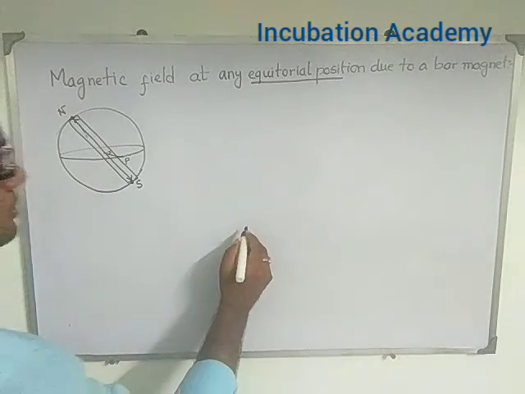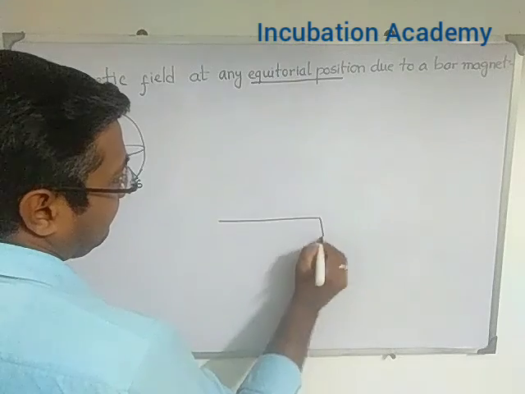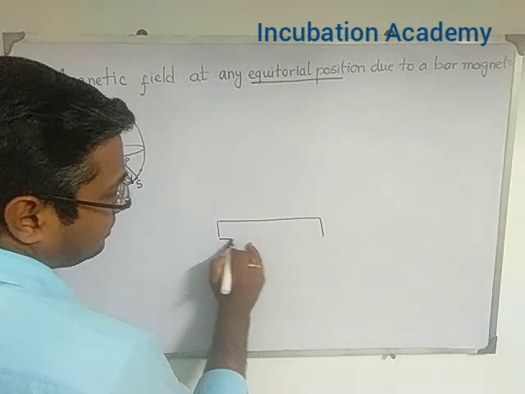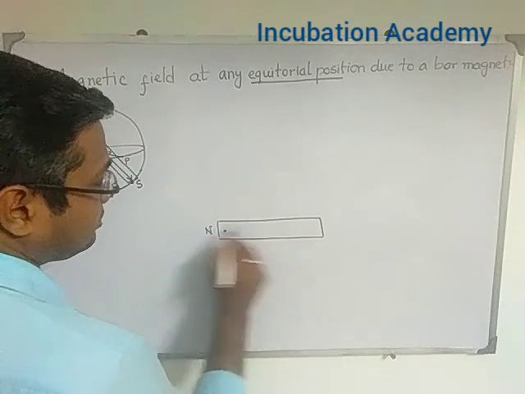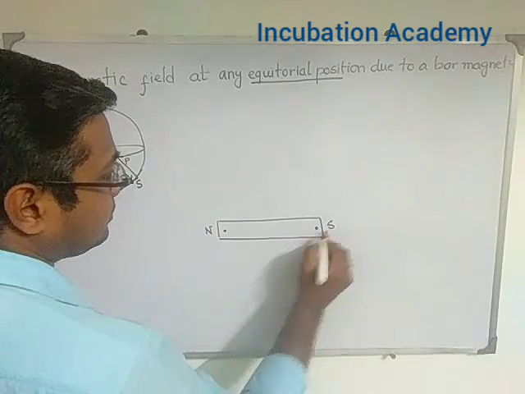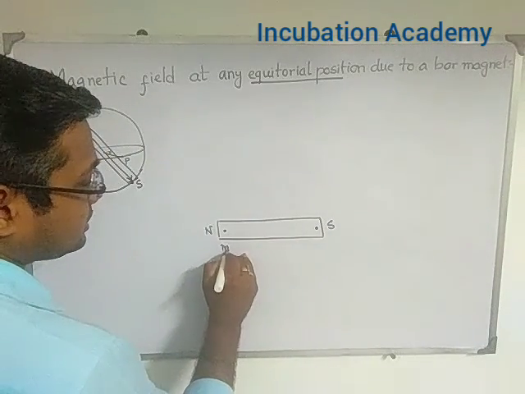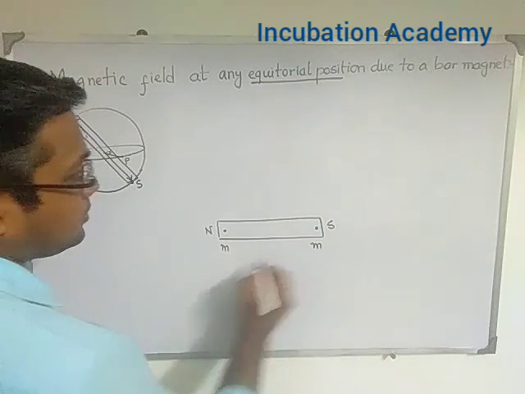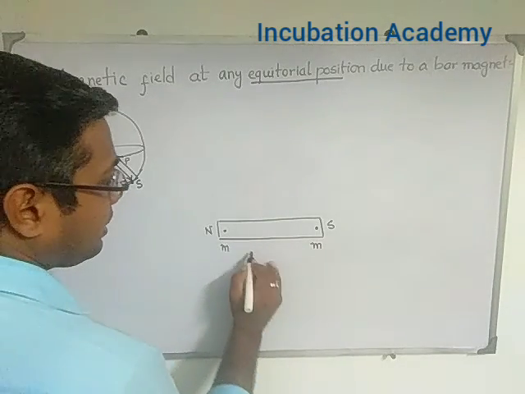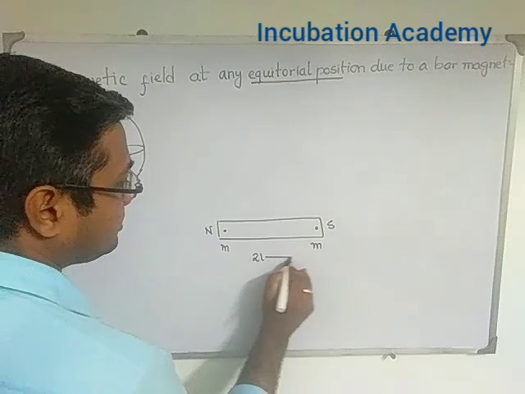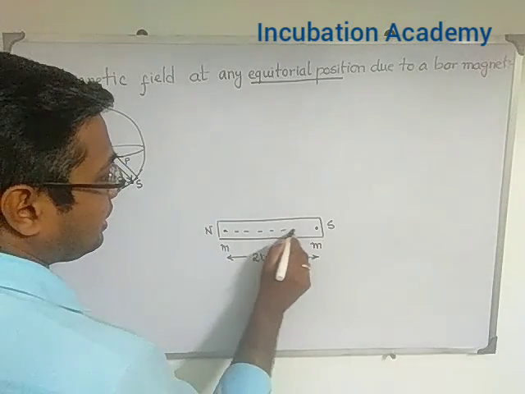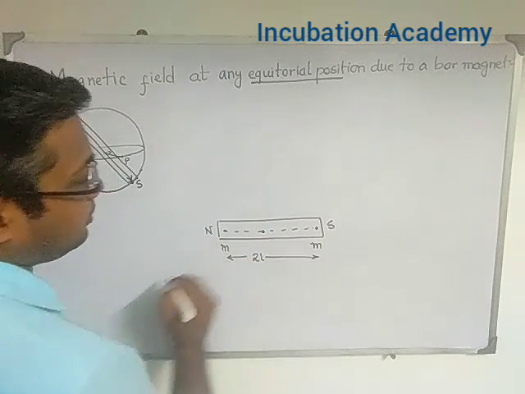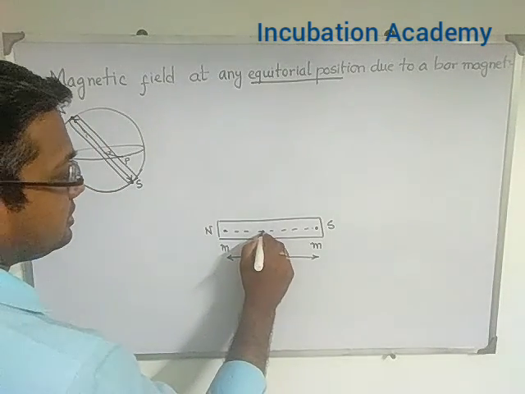So for this purpose, we consider a bar magnet here. This is the north pole and this is the south pole. Its pole strength is m. It also has the pole strength m. The magnetic length of that magnet is 2l, and this is the midpoint of the bar magnet.